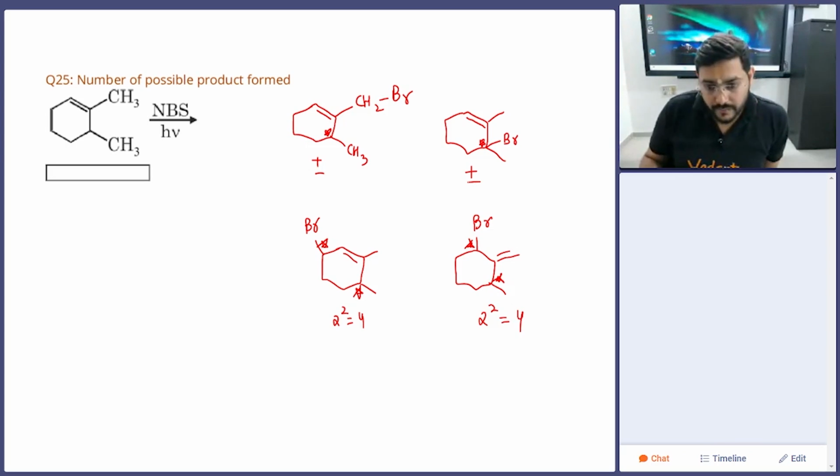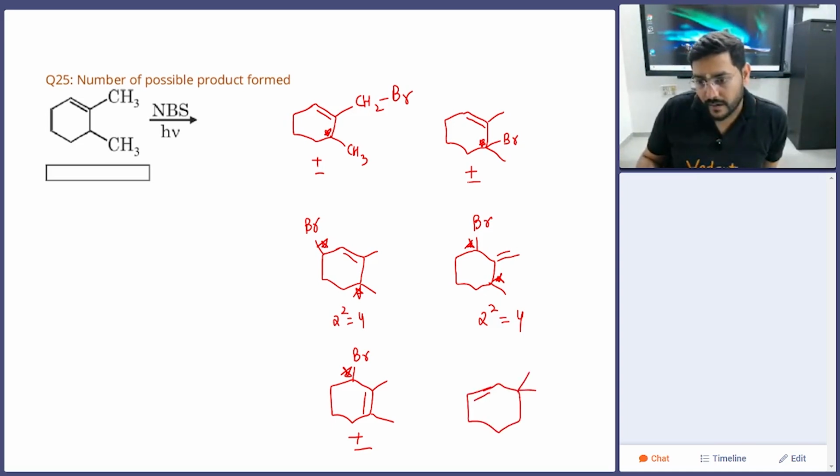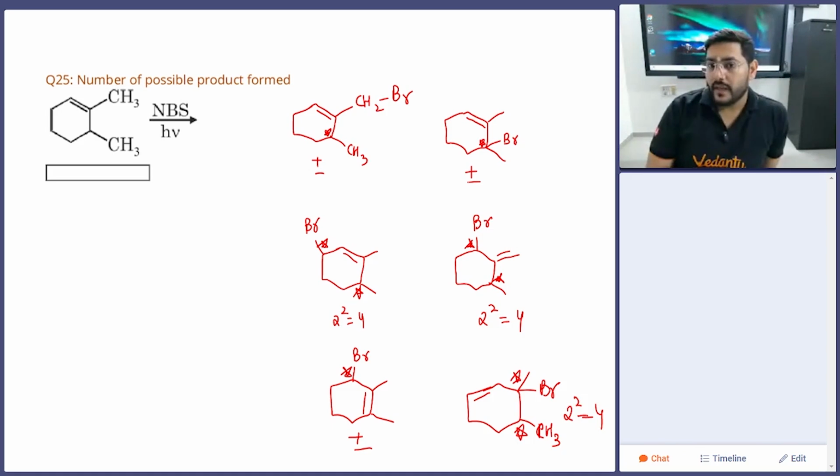Now the next one, here after resonance, the Br, so plus minus in this scenario, and here the last one, Br, and here CH3. So again 2 raised to the power 2, that will be 4. Yes or no? Because the radical is going to be formed and it can participate in resonance with the double bond, because at the allylic position the reaction is going to take place. Yes, so we are going to get all these products.